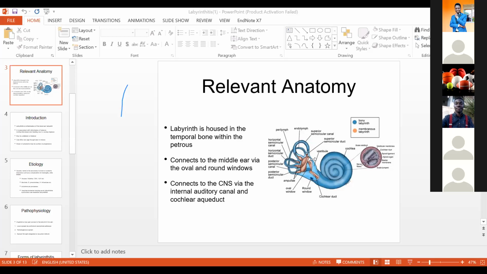So usually we do the Dix-Hallpike maneuver for diagnosis, and then we do the Epley maneuver for repositioning of the stone.